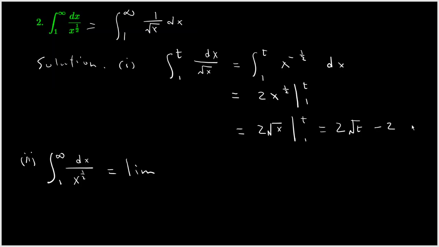Again, I'm looking for the definition. The improper integral is defined as the limit as t approaches infinity of the proper integral from 1 to t. The improper integral is defined as the limit of a proper integral with the upper limit t.